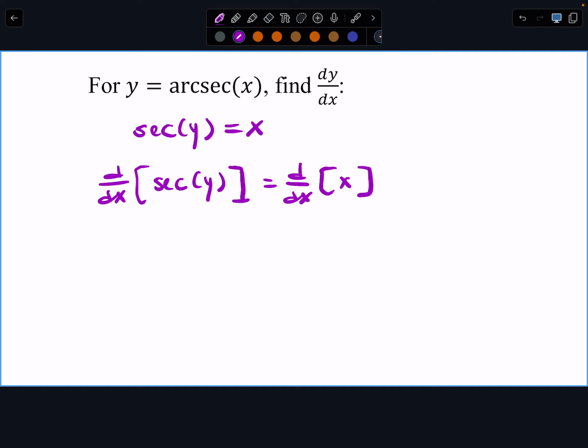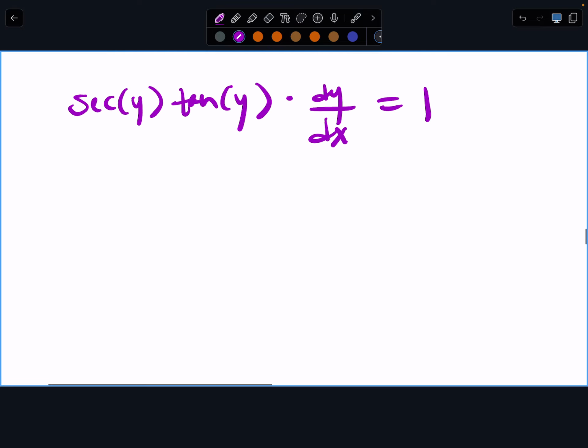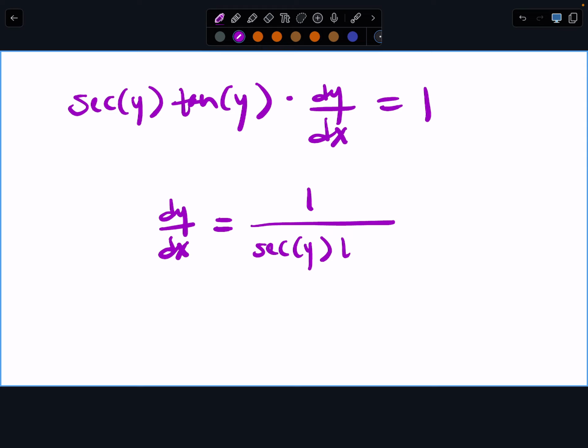Secant times tangent, yeah. So this will be secant y tan y times dy over dx equals 1. So dy over dx will be 1 over secant of y tan y.